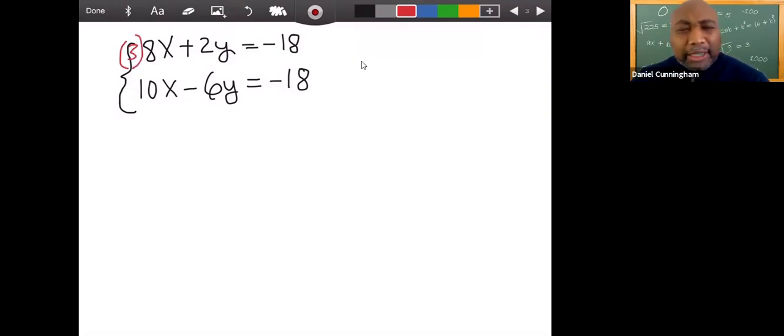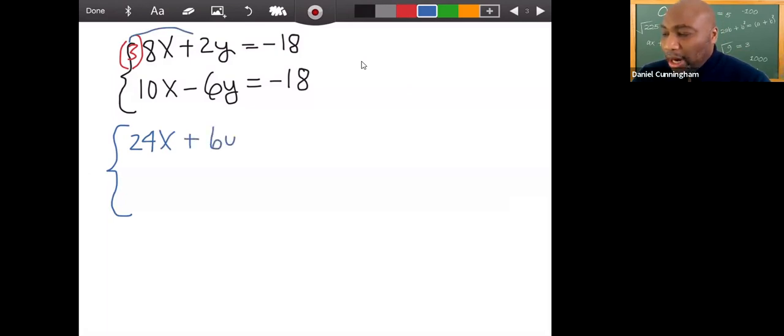That gives me another equation, the same one but written differently. 3 times 8 is 24x. 3 times positive 2 is 6y. And 3 times a negative 18 is a negative 54. I didn't do anything to the bottom equation.